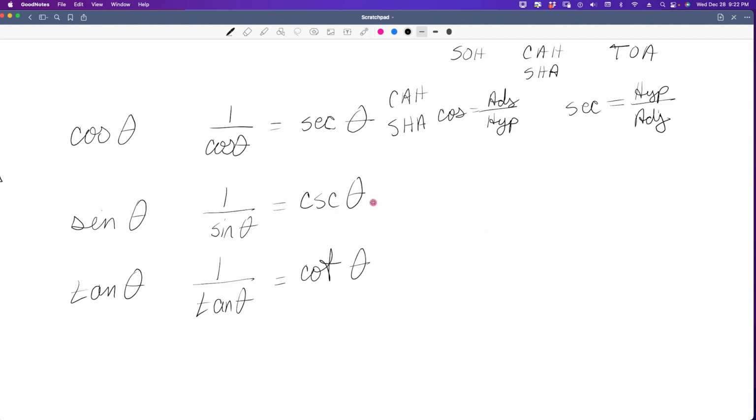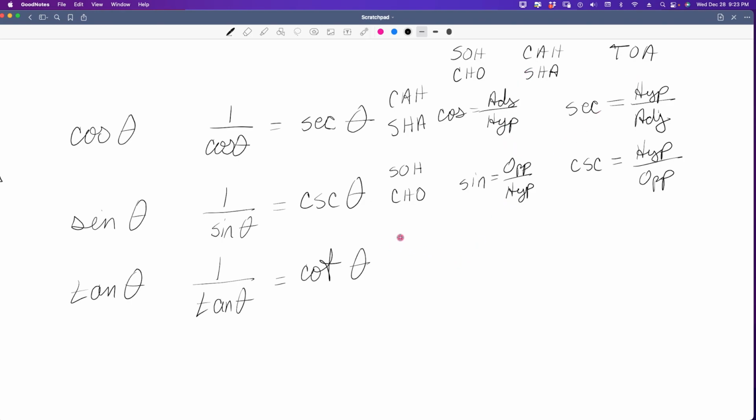For sine, the sine is equal to the opposite over the hypotenuse. So the cosecant, the csc, is going to equal the hypotenuse over the opposite. So that's going to be CHO. CHO, SHA. That's how you would remember the reciprocal.